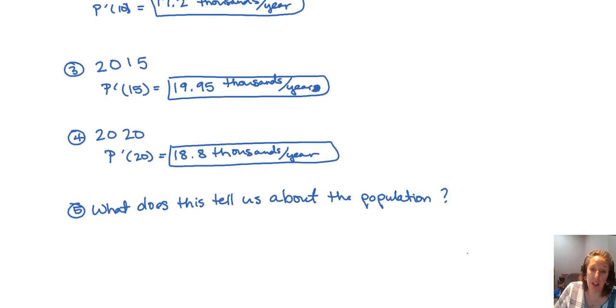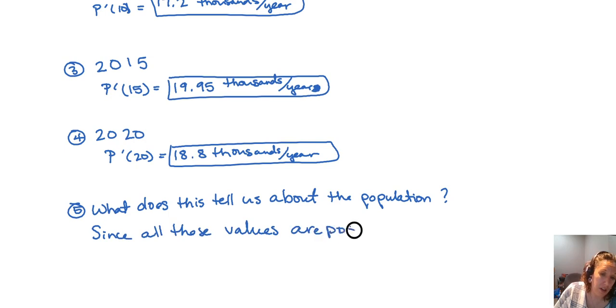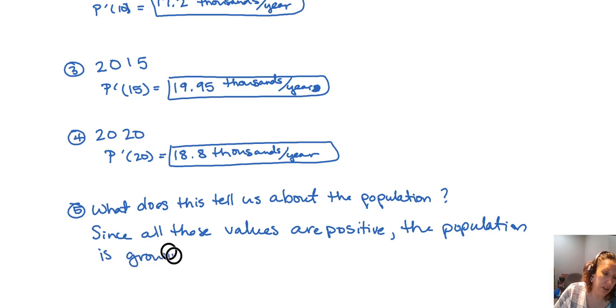And so what does this tell us about the population? Since all these values are positive, the population is growing from at least 2005 to 2020.